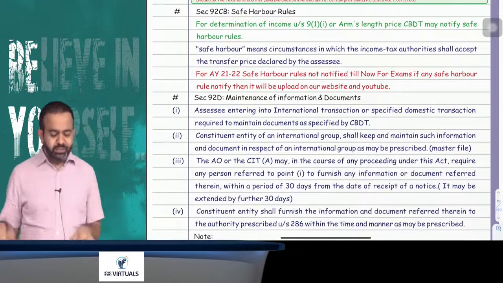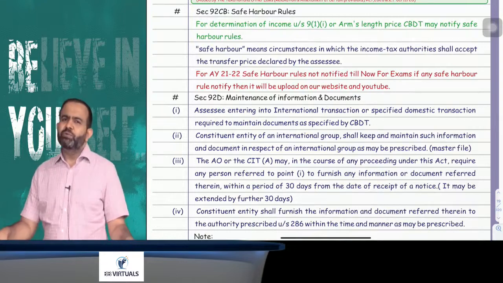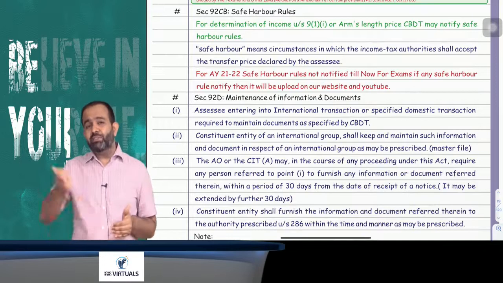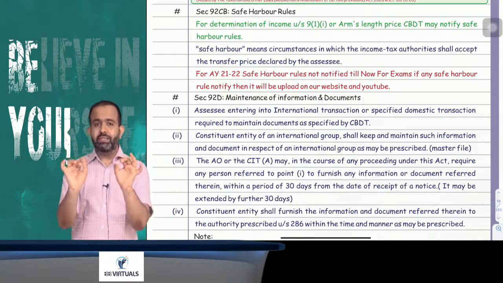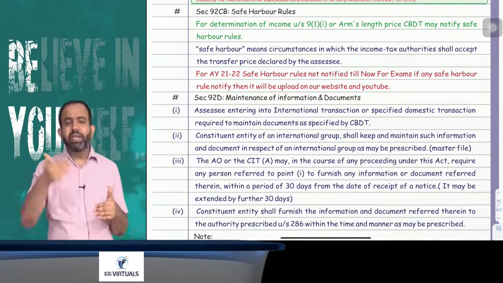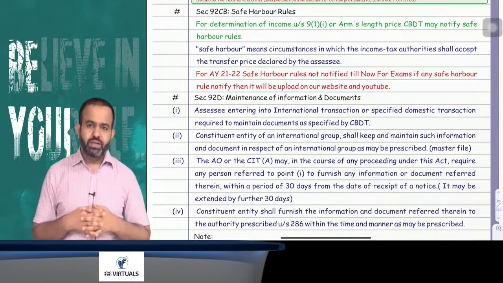The next part is related to the safe harbor rules. Now, what is the meaning of safe harbor rules? CBDT may come with some rules, and as per those rules, if the assessee discloses the price within some limit or as per some rules, the department will accept that price.